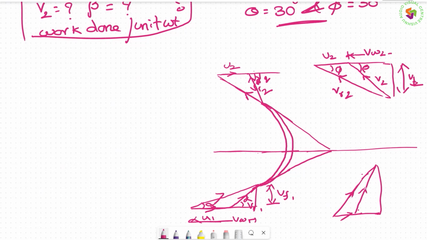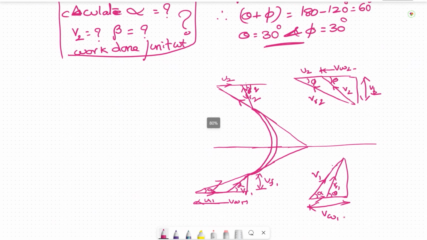So this is V1, this is VR1, this is alpha, this is theta, and this is VW1. This small portion is U1, and this is VF1. This is inlet and outlet. This angle he has given as 120 degrees, so this is theta plus phi, and the remaining is 120.